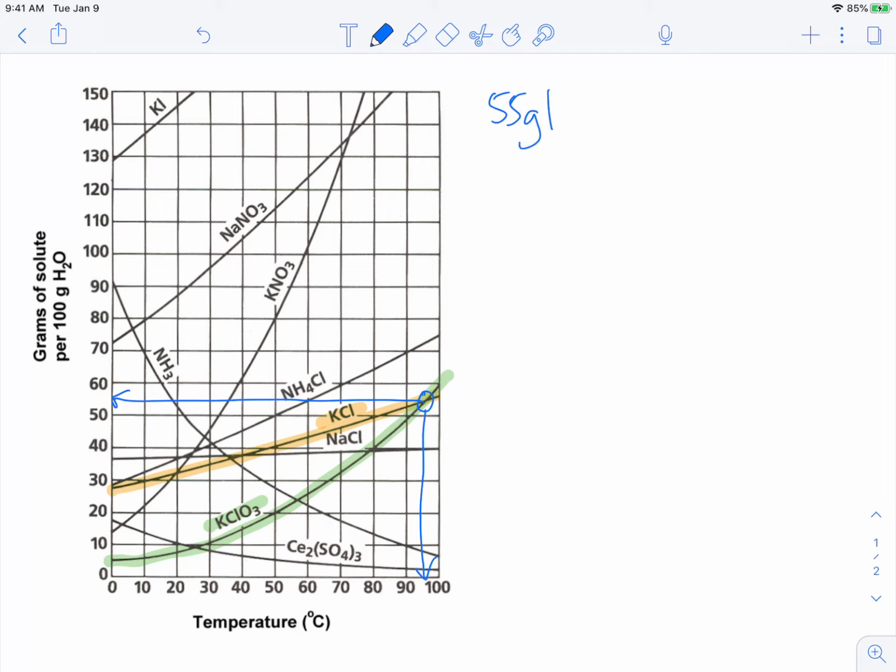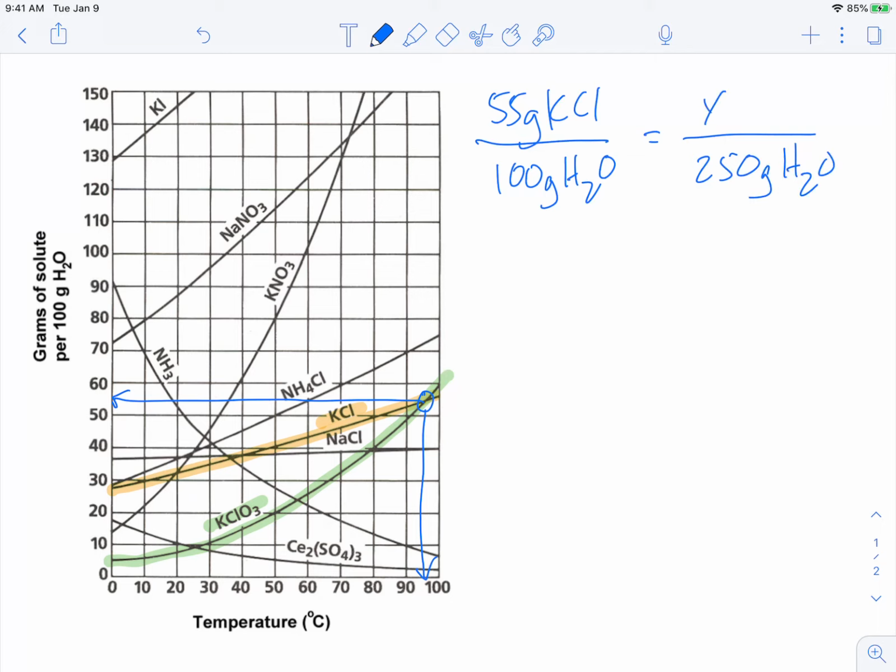So I'll just use KCl as an example. At 95 degrees, we can dissolve about 55 grams of KCl per 100 grams of water. Now, if we had a different amount of water, we could figure out the maximum amount of KCl that could be dissolved. So let's say that we had 250 grams of water.